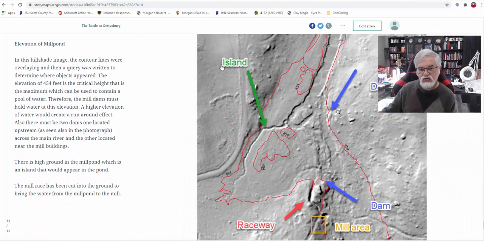We've shown you where the dams we believe are, where the mill was, the raceway, and the island, because this area was higher ground. As you can see, this is at 454 feet, and this was lower ground around it, so we did have this island in the mill pond. And so, using geospatial technologies, we've found a lost artifact of history of the Gettysburg battlefield.